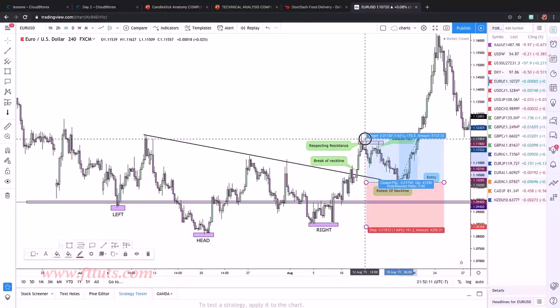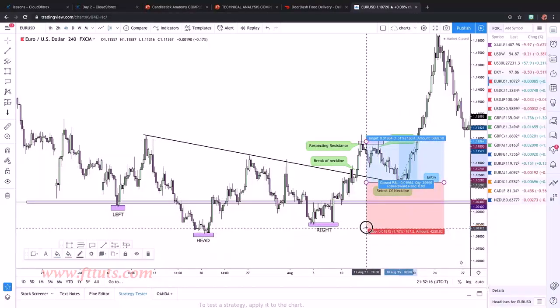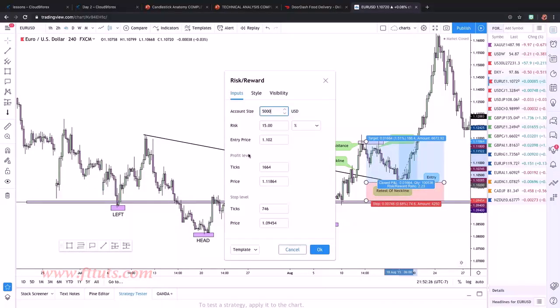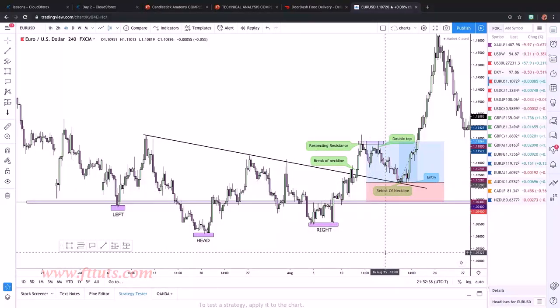And then our first target is going to be just by that resistance, because look what price did. It came up, but then it actually eventually broke resistance, but you just want to make sure. So obviously when you have a certain account size, just put whatever you have and how much you want to risk in there at the top.